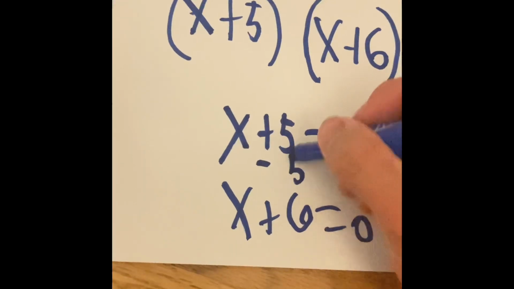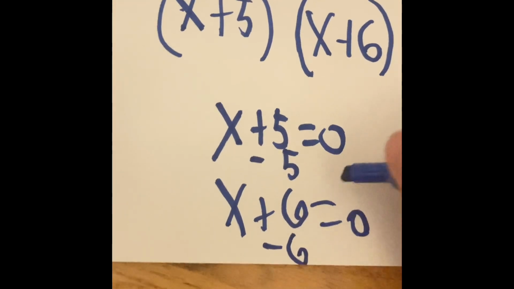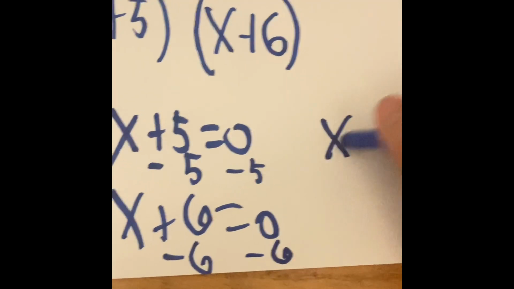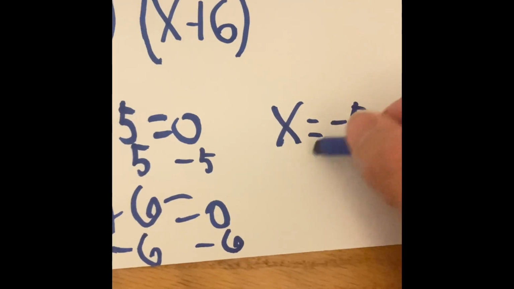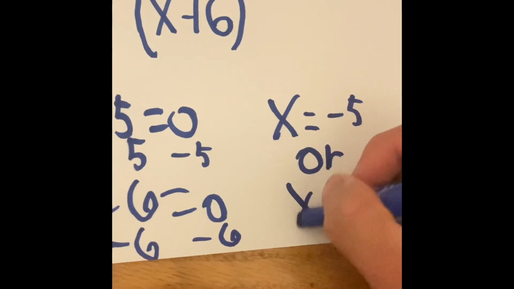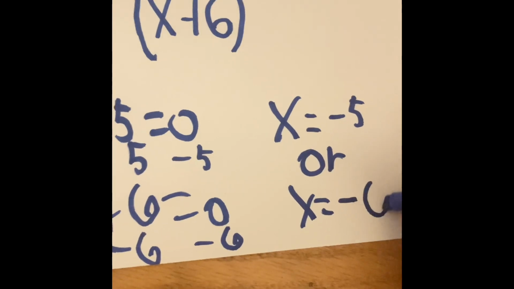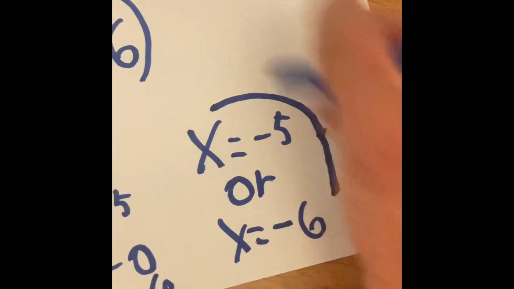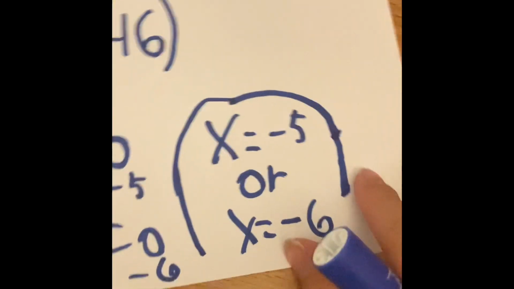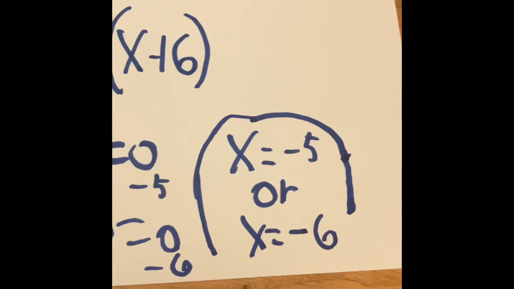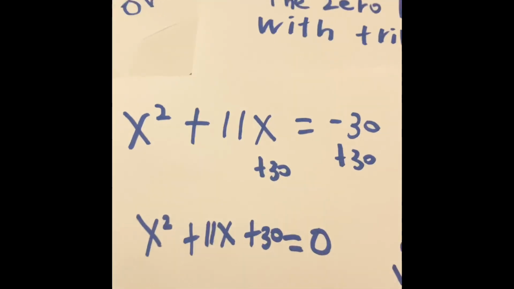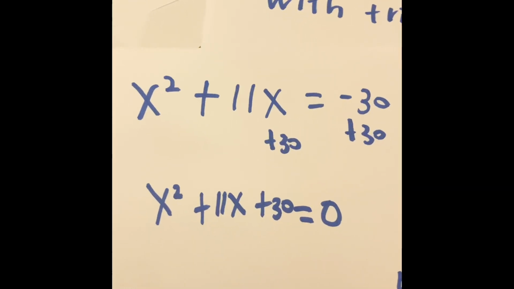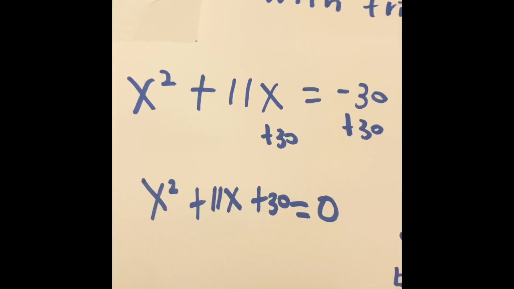Subtract 5 from this side, subtract 6 from this side, and you get x equals negative 5, or x equals negative 6. So these are our x-intercepts, or the two numbers that represent x if you ever try to graph this equation. Let's show the correct answer and show the visual.